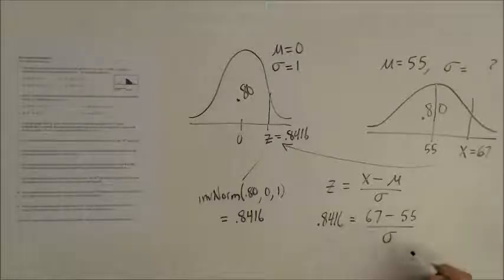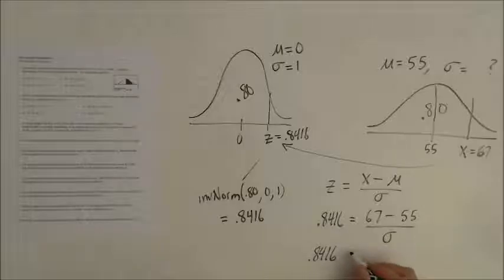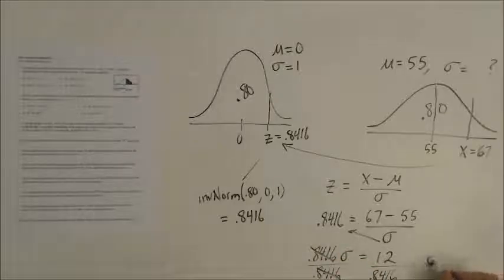But this equation, with only the standard deviation as the unknown, may be rearranged to allow us to solve for the standard deviation. That is, if we cross-multiply the sigma to the left-hand side of the equation, 67 minus 55 is a total of 12, and dividing both sides by 0.8416 allows us to solve for the value of sigma. That is, the standard deviation is about 14.26.